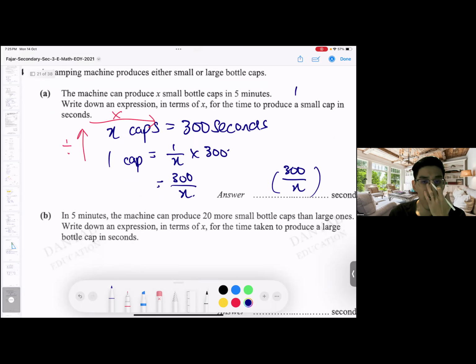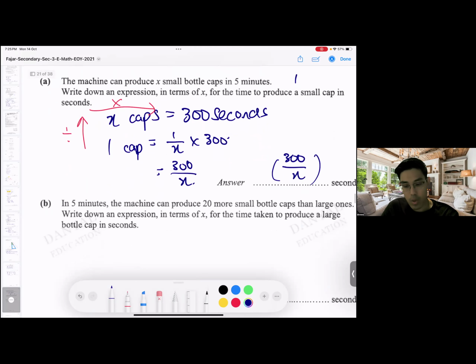Okay, so what we can do from here in the same 5 minutes, same thing is 300 seconds. So for 20 more small bottle caps than large ones, that means the large one is smaller. The amount of large bottle caps is smaller. So it's X minus 20 caps equals 300 seconds.